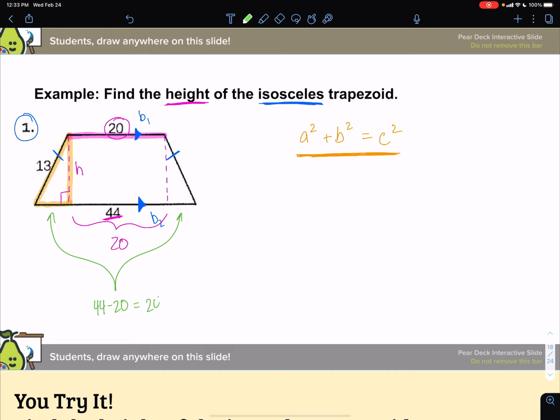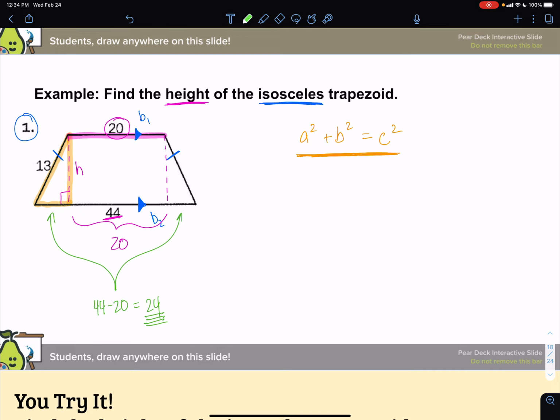Which is 24. So the orange sliver on the left side and the other equivalent piece on the right side have to be 24 in total because the middle is 20 and the whole thing is 44. So 20 plus 24 is 44.